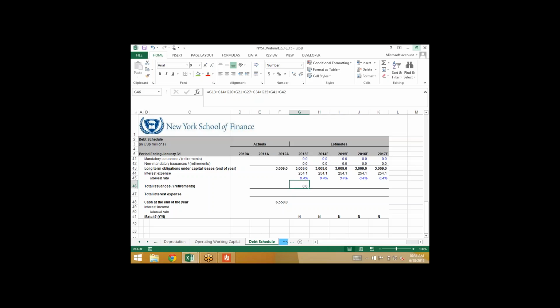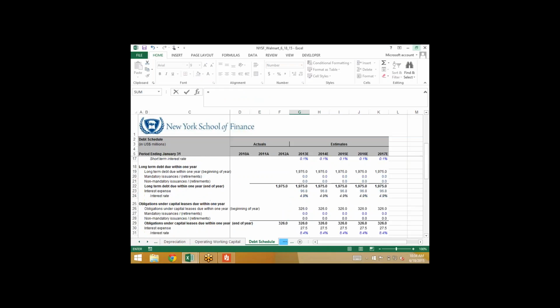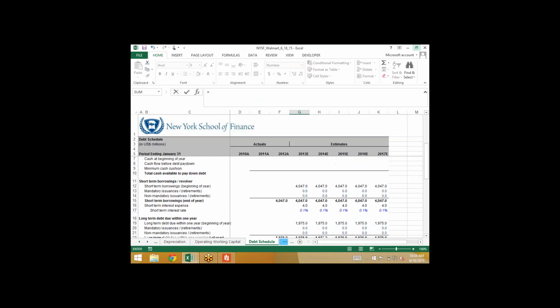And once you have that, you want to total the interest expense. So it's a sum of all these 5 interest expenses that we've calculated.